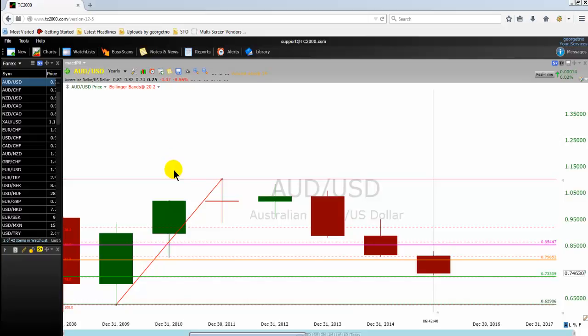Okay, so the number one market indicator for trading the Australian dollar US dollar currency pair, one should understand that the economy of the United States or the economy of Australia will influence this currency pair.